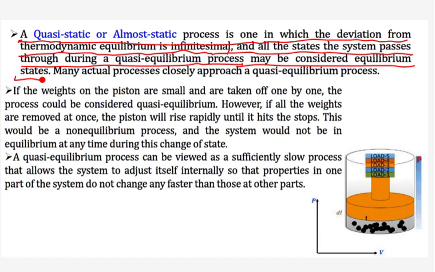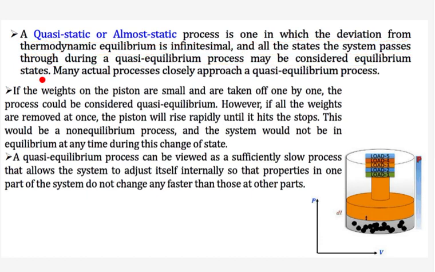Why are we actually doing this? Because it is helpful, since many actual processes closely approach a quasi-equilibrium process. That is one more reason why this quasi-equilibrium process is important for us.